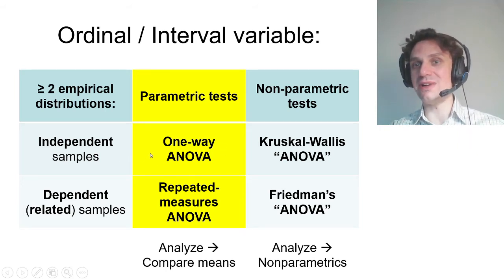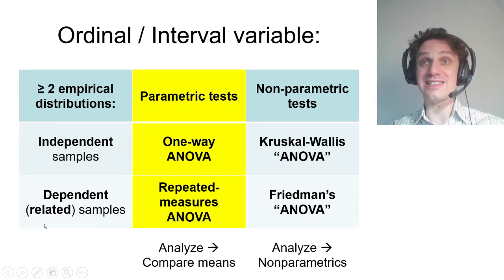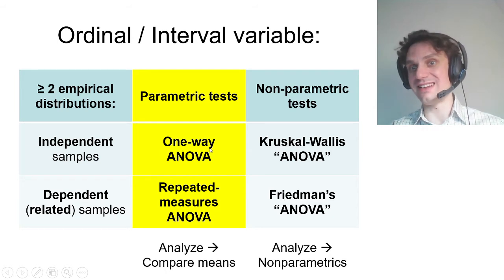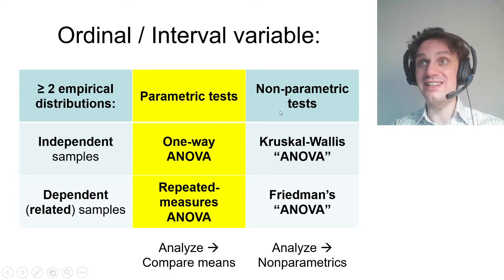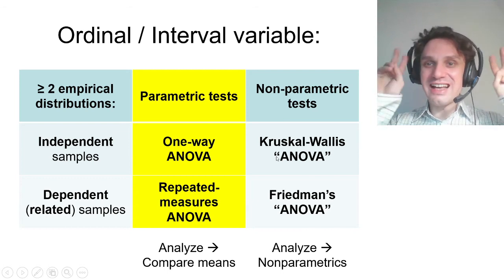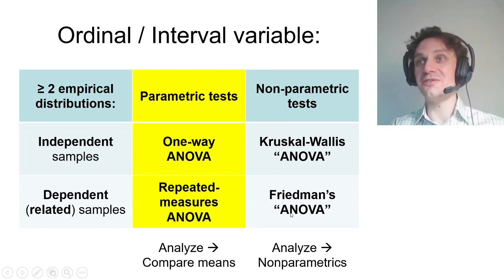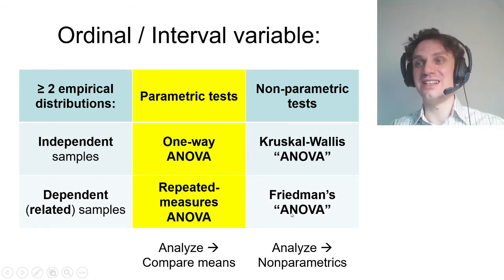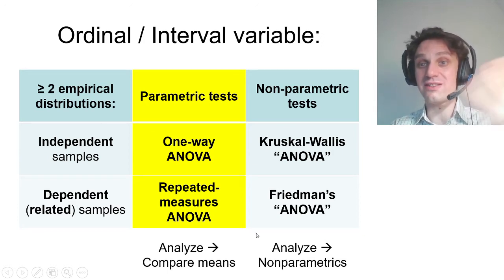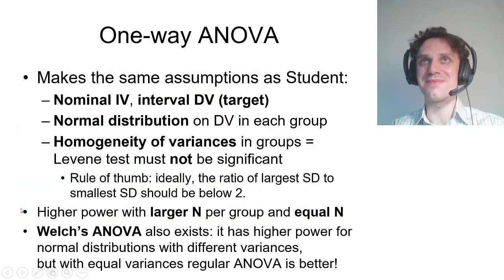It's called then one-way ANOVA, or for related samples, then it's called repeated measures ANOVA, and they both live in SPSS under Analyze, Compare Means. However, if you want to use a non-parametric test, you have a Kruskal-Wallis ANOVA kind of, or Friedman's ANOVA kind of, that live under Analyze, Nonparametrics, K Independent or K Related Samples, respectively.